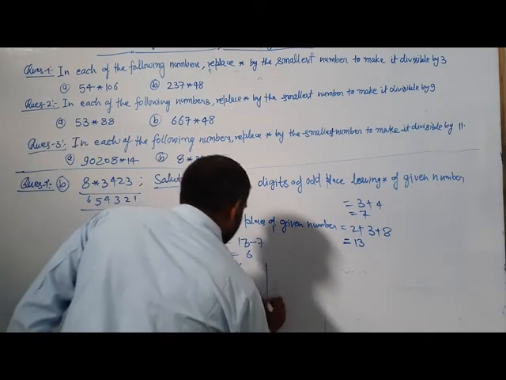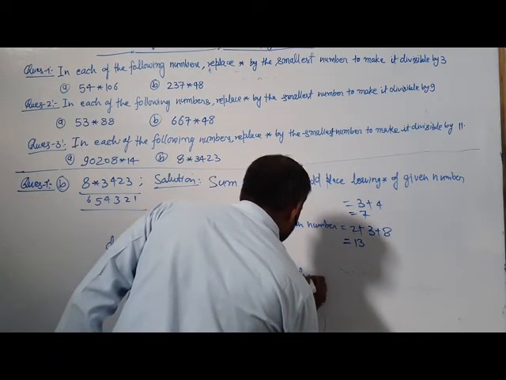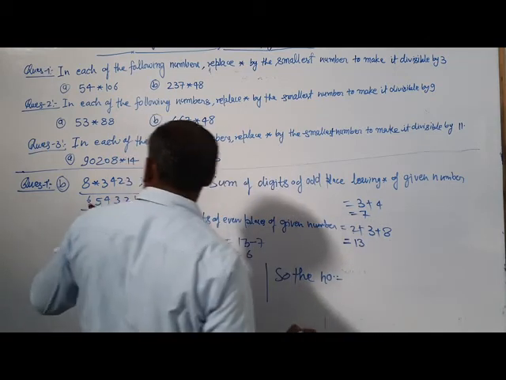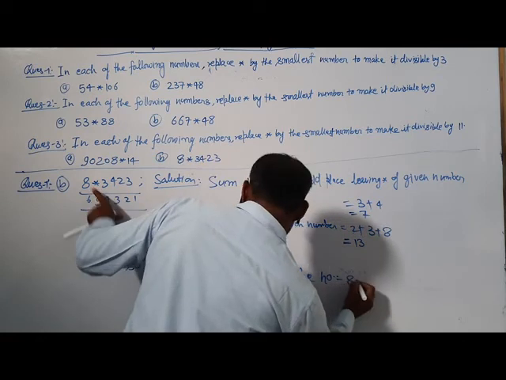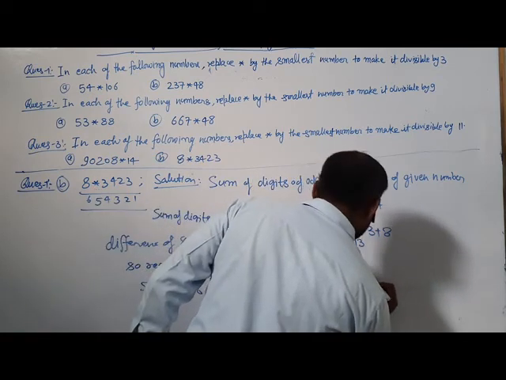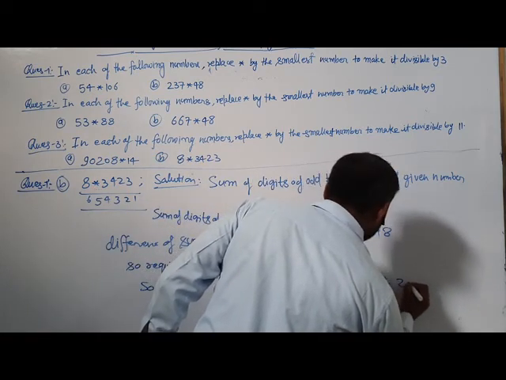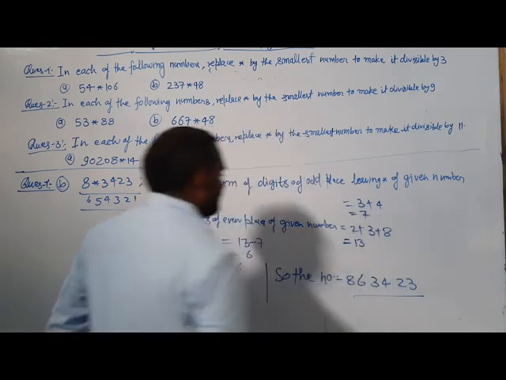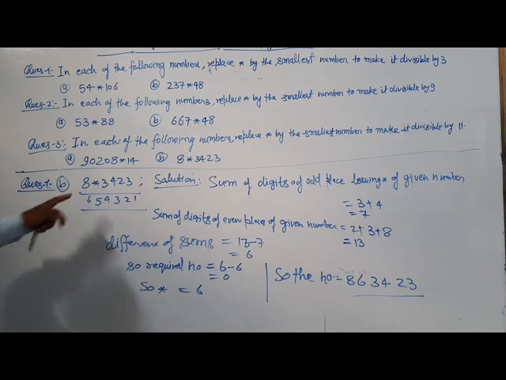So the number is equal to 8 6 3 4 2 3. In this way we can fill the star by replacing it with numbers.